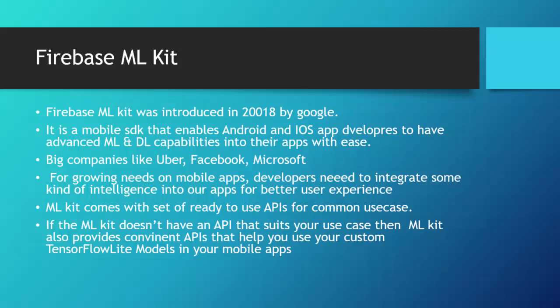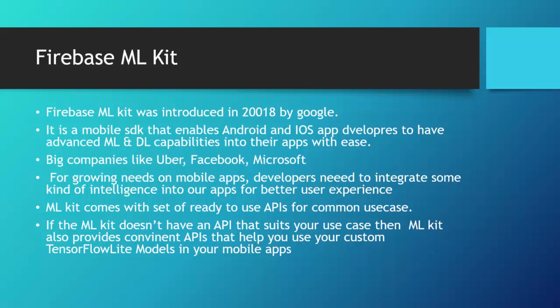These apps integrate some kind of intelligence for better user experiences. That's why when you see Myntra or any shopping carts, you can see recommender systems as in web applications, because every app requires user experience and some intelligence towards their customer.